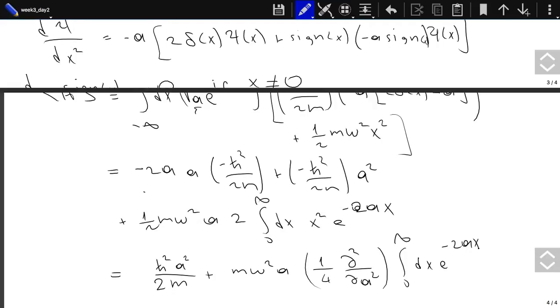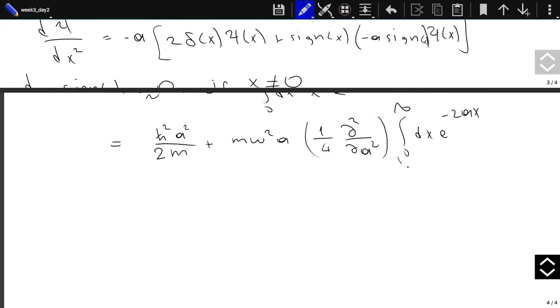Simply because if I take the derivative of the exponent, every time I will get a minus 2x in front. Minus 2x squared will just give me 4x squared. I don't want the 4, so I cancel the 4, and I obtain the integral of x squared. That integral is 1 over 2a. And I just need to take the second derivative.